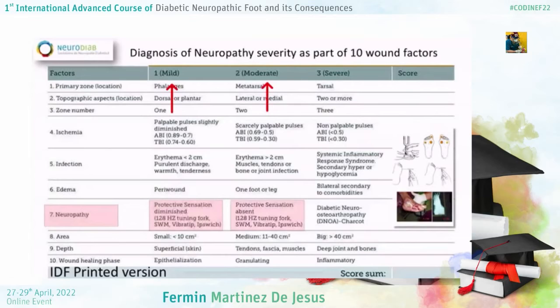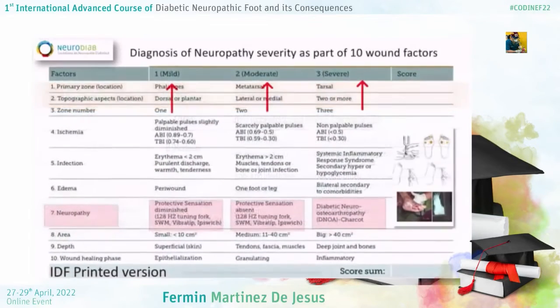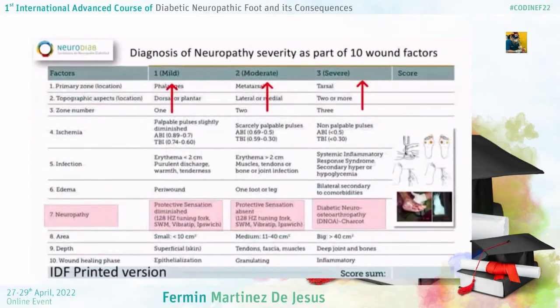The moderate degree is the absence of this protective sensation, and the severe degree is the Charcot foot.